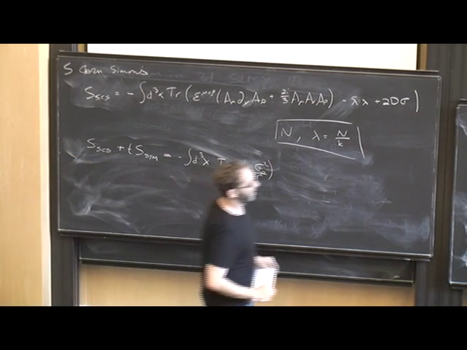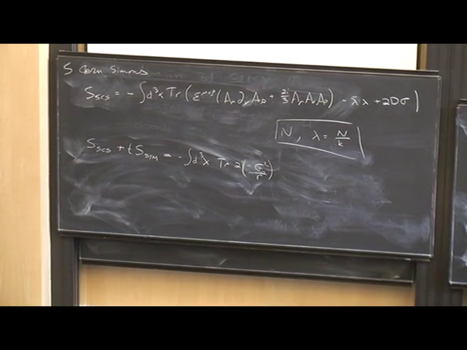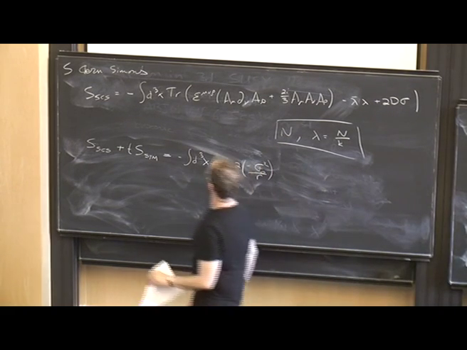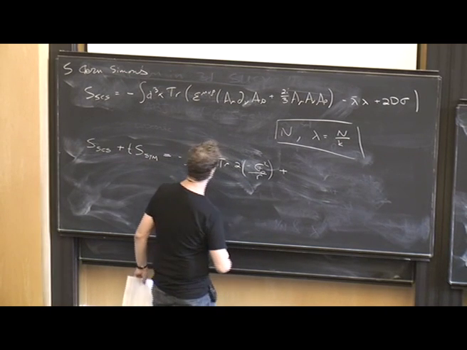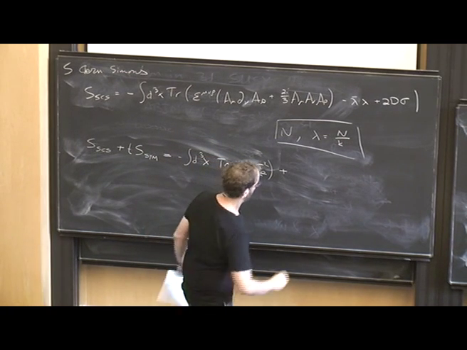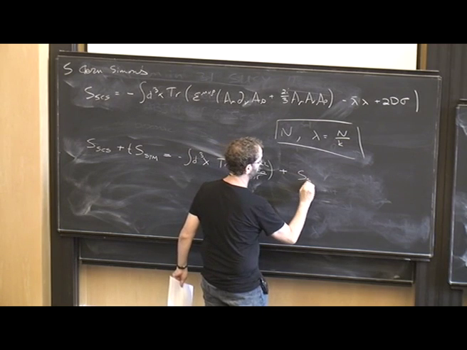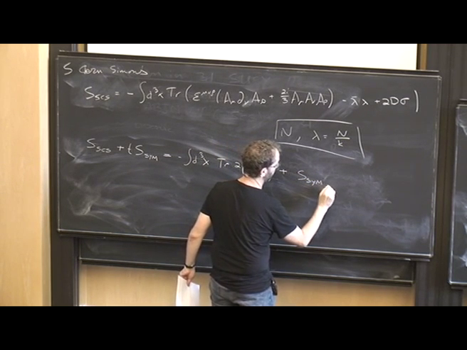And I get this term, the 1 over t term here gets multiplied by t here. So I get plus S super Yang-Mills quadratic.